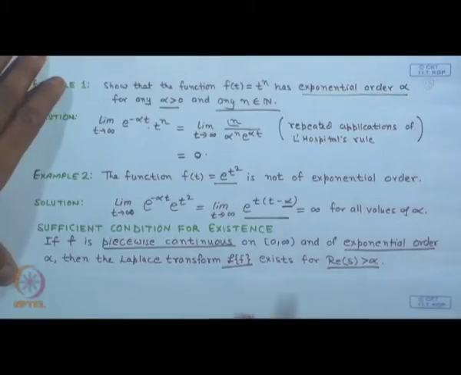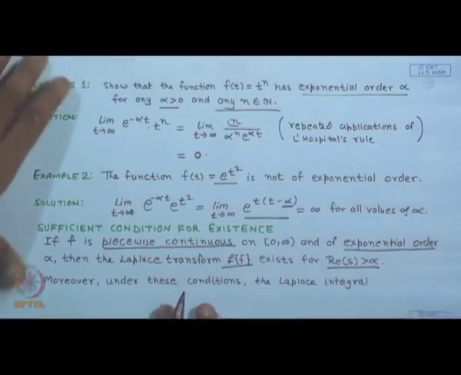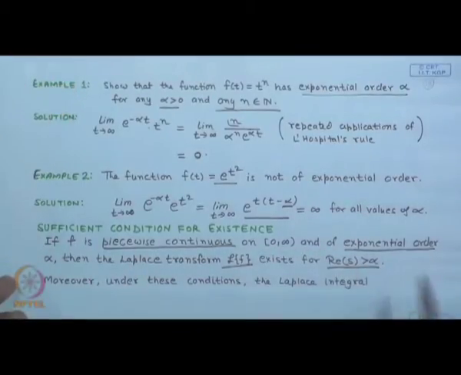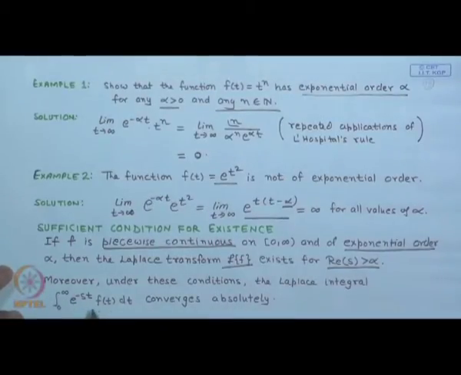And in fact, we have a stronger result. Under these conditions, that the function is piecewise continuous and of exponential order, the Laplace integral, the integral from 0 to infinity of e^(-st) f(t) dt, converges absolutely. So, we have a rather general result under these two conditions.